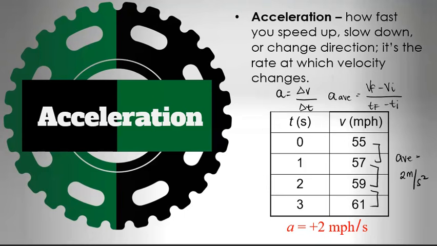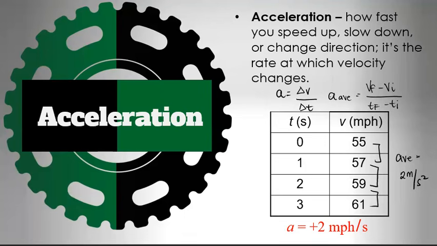Okay? So how did we get that? 55 minus 57 divided by 1, 59 minus 57 divided by 1. So what you get there is the ratio, every second would be 2 meters per second.